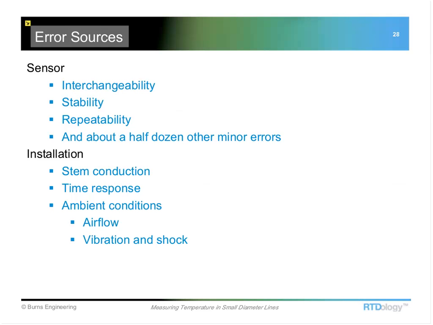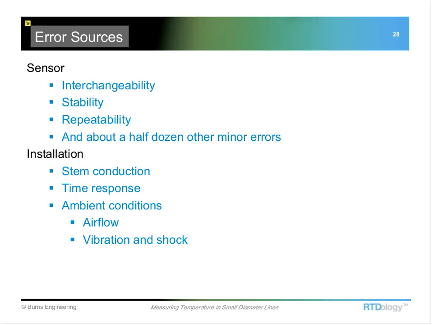If there's any vibration in the system, that can cause some potential error in that sensor. And there are a few other little ones that are usually down at 0.0-something degrees C. But again, installation is really where we have to focus our attention when we're measuring temperature in small diameter lines.